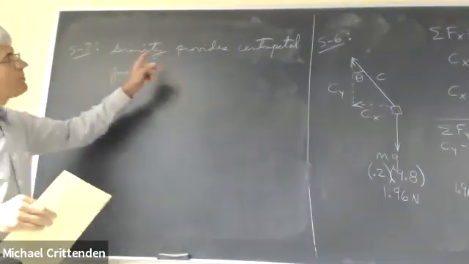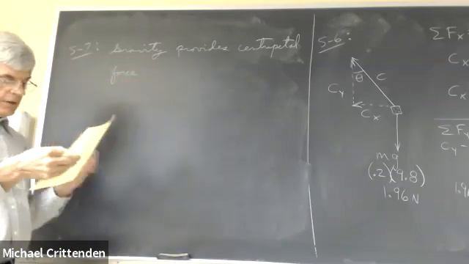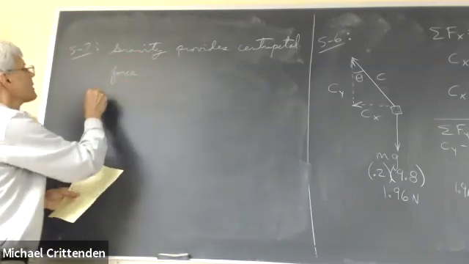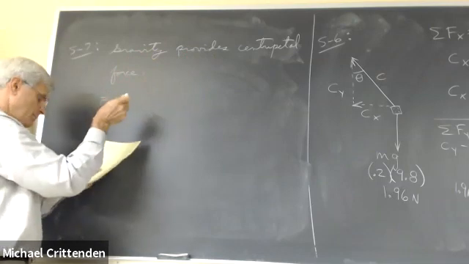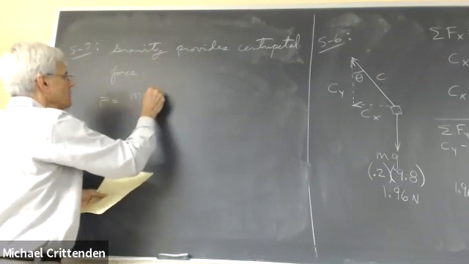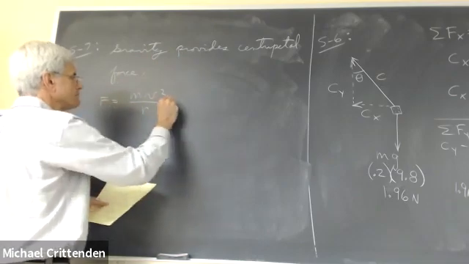So gravity provides the centripetal force. Therefore, the force of gravity must equal mv squared over r.